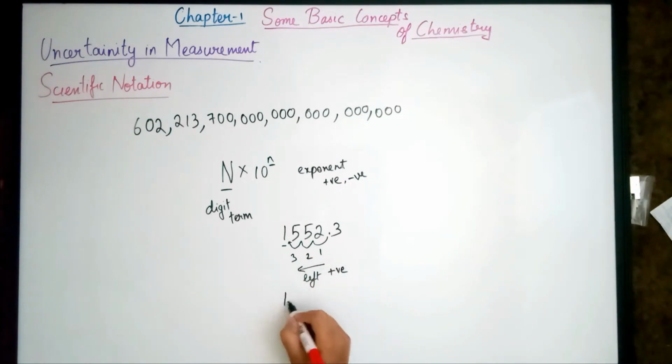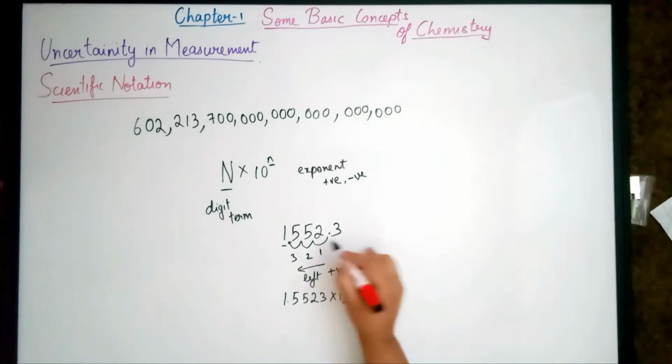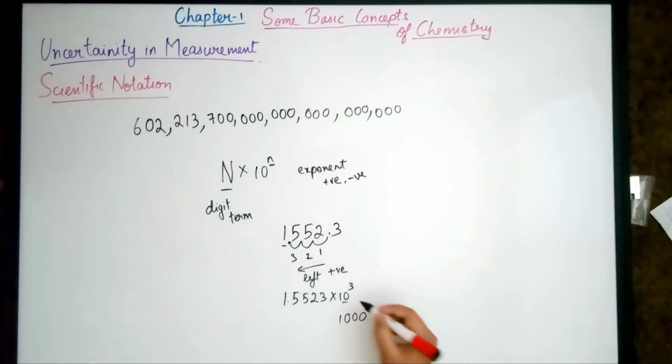This will be written as 1.5523 into 10 to the power 3, because multiplying by 10 to the power 3, which is 1000, moves the decimal to the right again. So when we change the decimal point, if it moves left, the exponent has a positive sign.